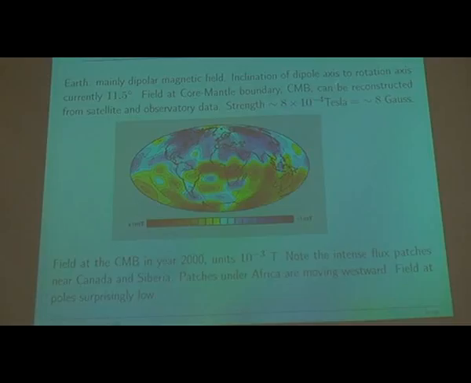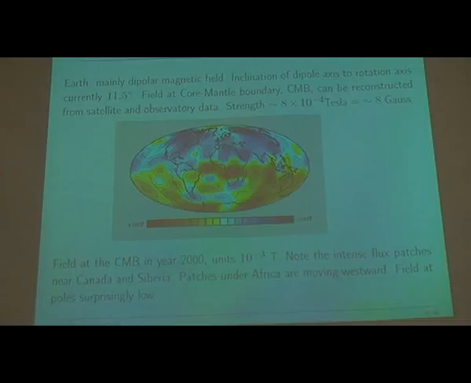So this is 0.8 on this scale here, and we're talking about that kind of field strength extrapolated down to the core mantle boundary, which is of course more than 10 times bigger than it is on the surface of the Earth.